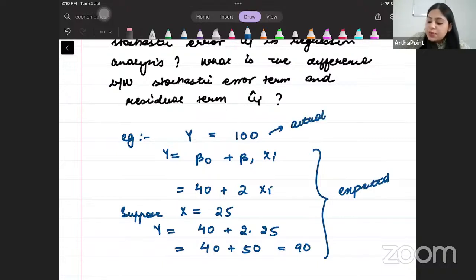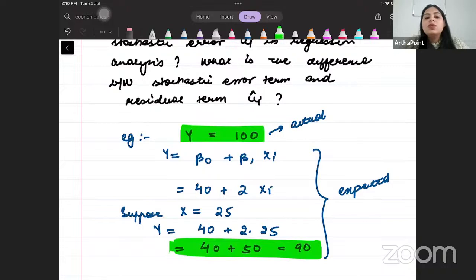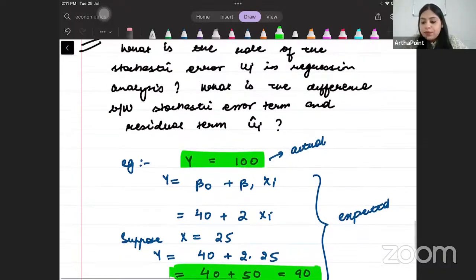The difference between the two, the difference between actual and this, बेटा वही तो हमारा error term है. Isn't that your error term? है कि नहीं है? So that is your error term. The error term is nothing but the gap between the actual and the expected value.